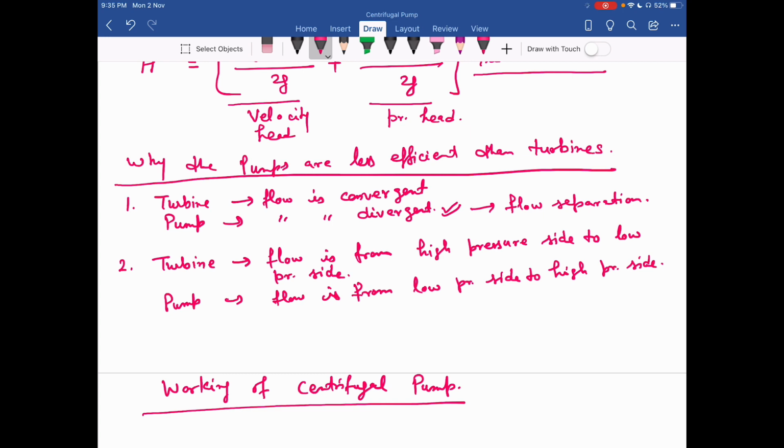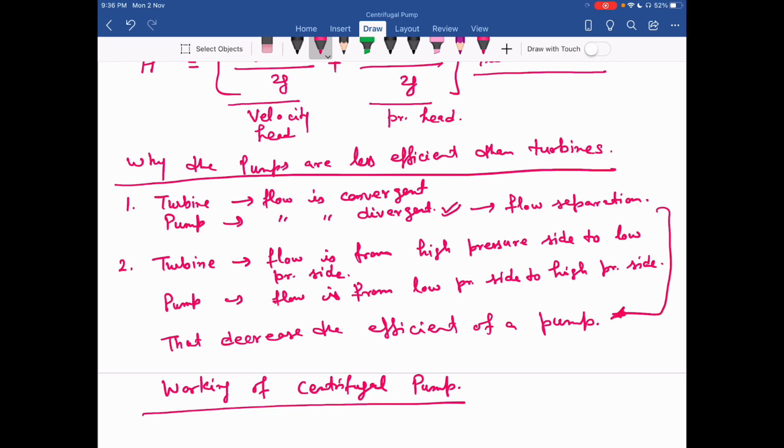That decreases the efficiency of a pump. So flow separation forms the eddy losses. So that's why the pumps are less efficient than the turbines.